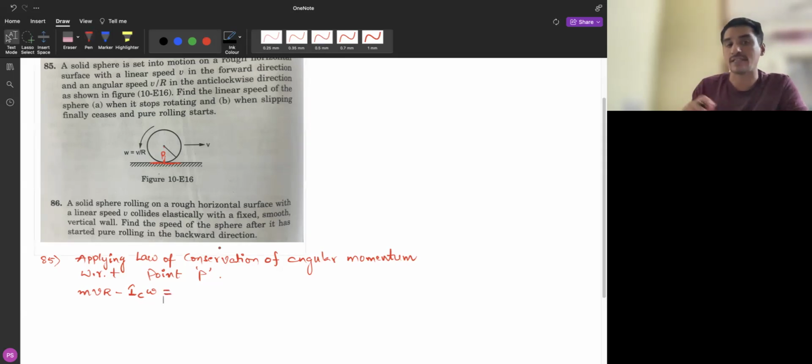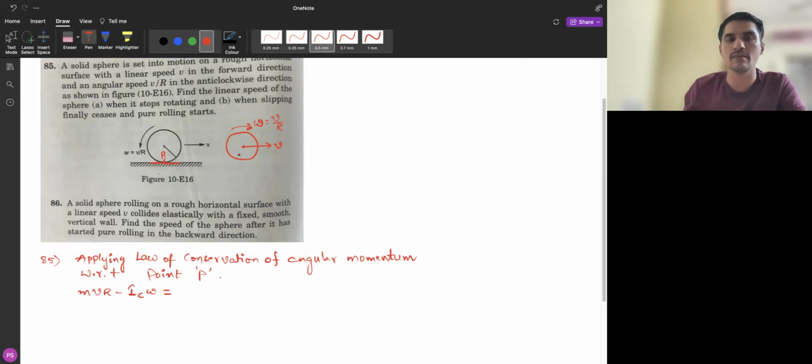now, after some time it starts pure rolling, right? It means that the same sphere starts rotating in the forward direction like clockwise, and at the same time the velocity will be v only. Here omega will be v by R only.